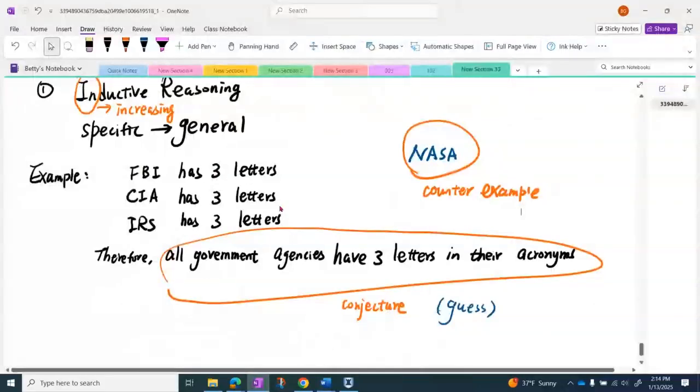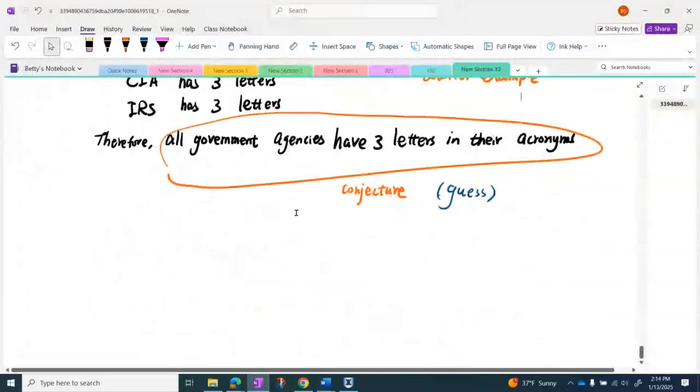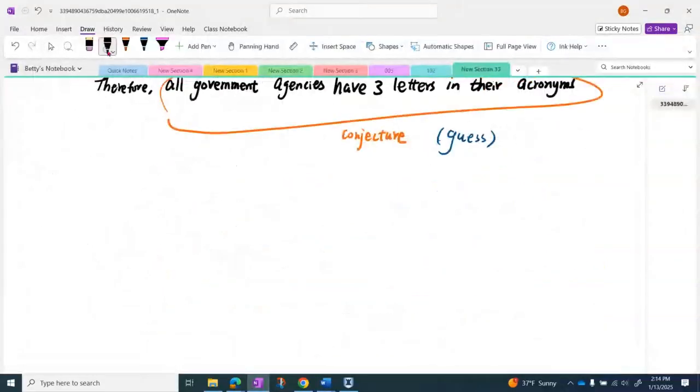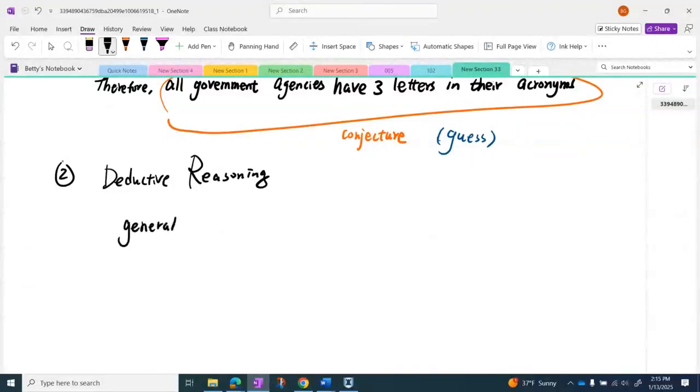We need to learn another reasoning process. It's called deductive reasoning. The process of deduction goes from general to specific.